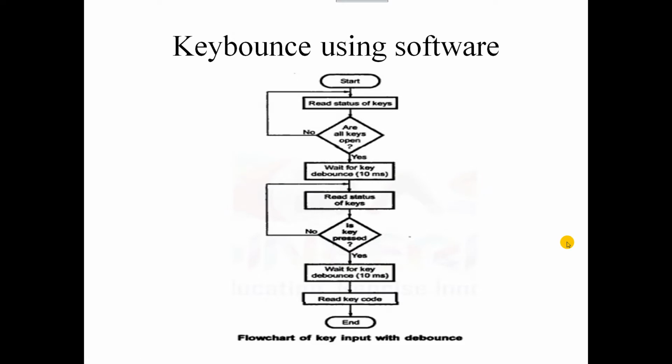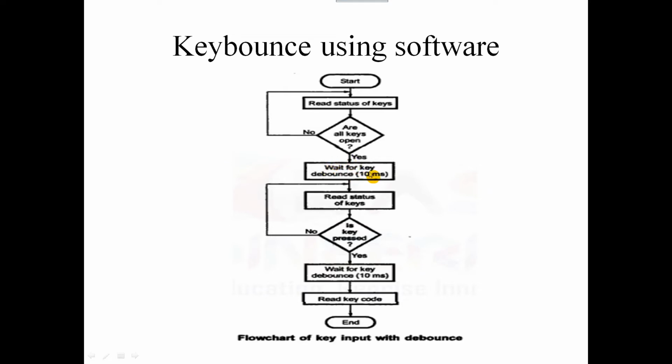Key debouncing can also be done with the help of software. Here the software has to read the status of the keys. If the keys are open, it has to wait for the key debounce time, which is normally taken as 10 milliseconds.